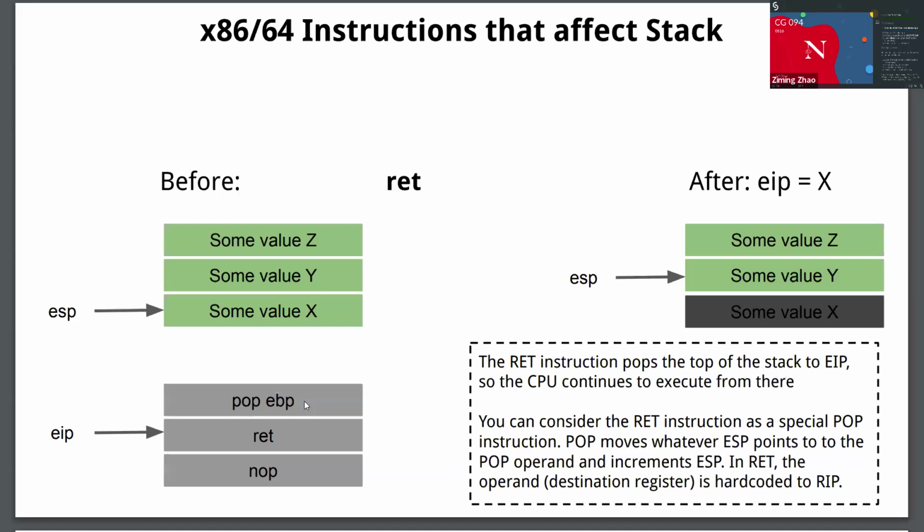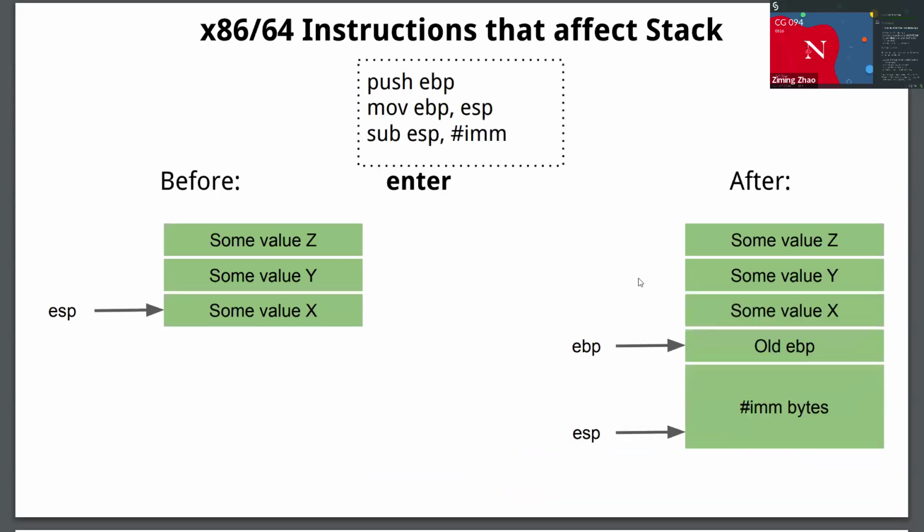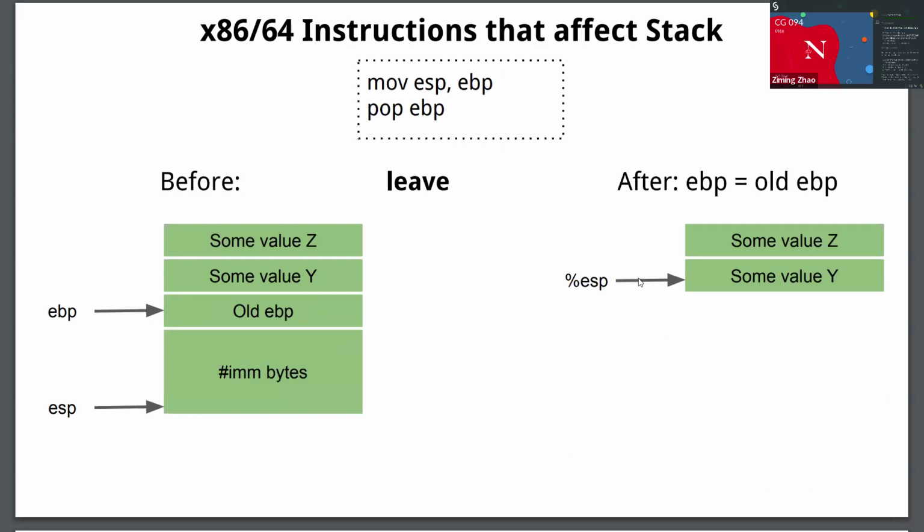Then we are actually executing from X. Then because it's a pop, ESP will move up, incrementing 4 bytes. So that's basically call and return. Make sense? Okay.